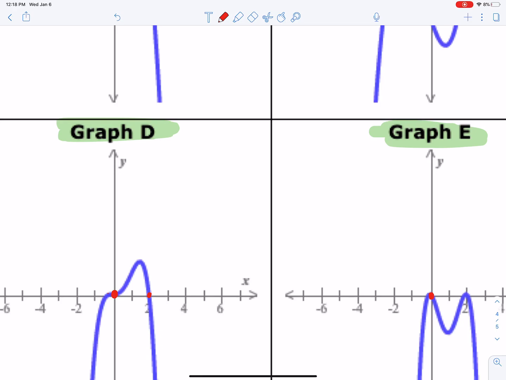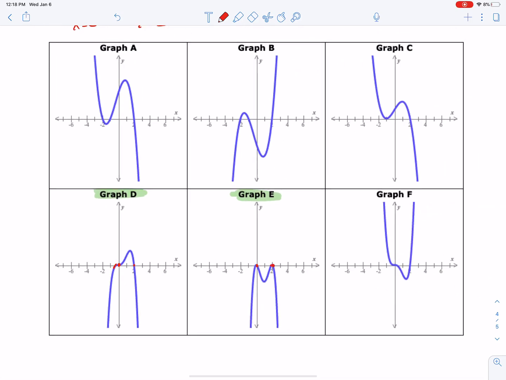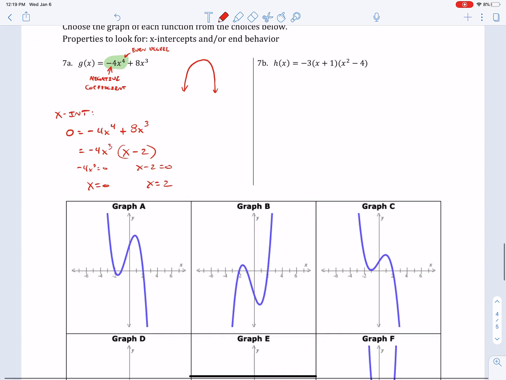It looks like it's intercepting maybe at 0.5. This one's kind of tricky, but it would be graph, oh, I might have said graph E, I'm sorry, graph D, I thought this said D. So graph D right here.